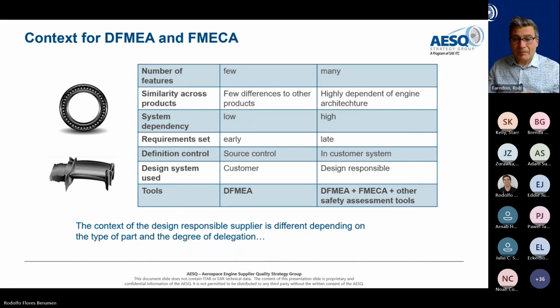FMECA tends to be later in the design process because it needs the design and its architecture in order to do an effective analysis. If you're early on, you may be better with bottom-up DFMEA activities. DFMEA is best executed when you've got a tightly bound set of requirements and fewer features. It's not to say that you can't do a DFMEA on a very complex product, but you tend to spend a lot of time talking about failure mode propagations and system architecture. Where you've got a lower system dependency, DFMEA is probably more effective.